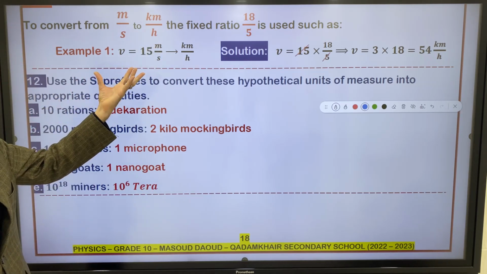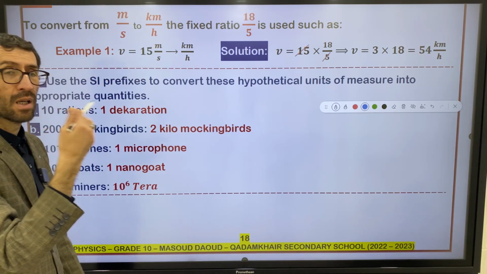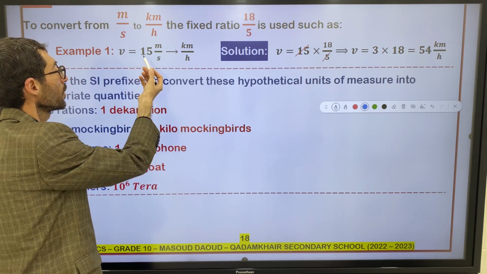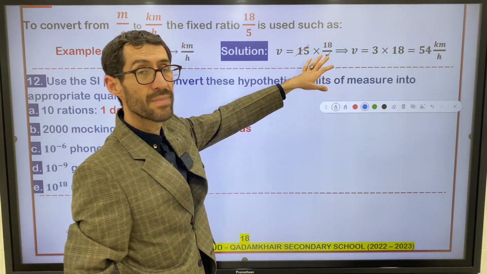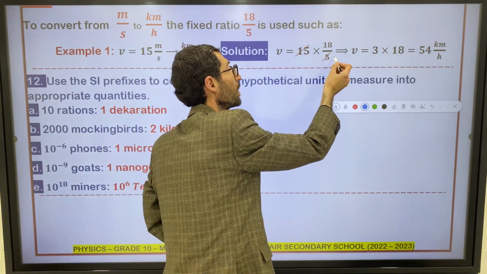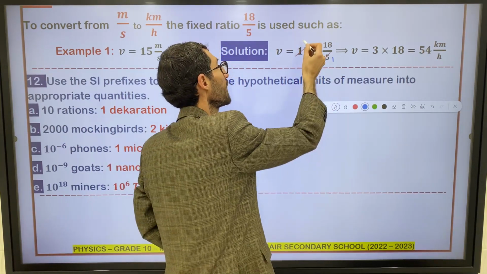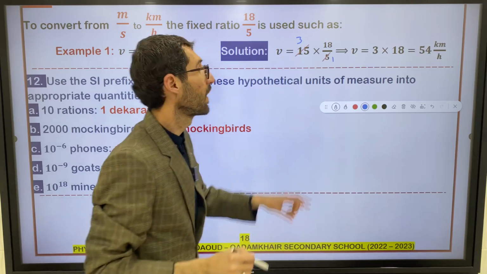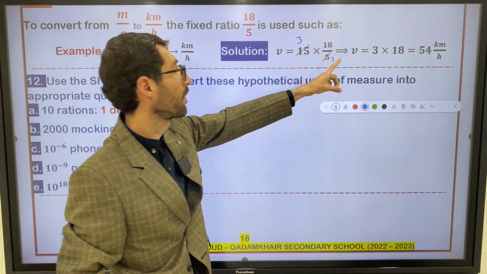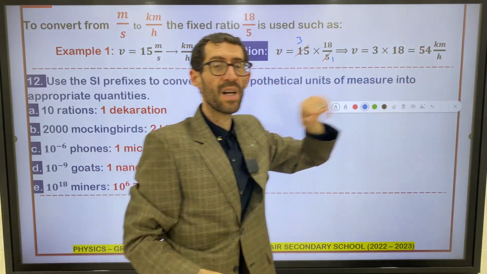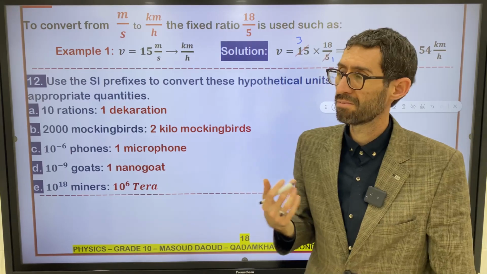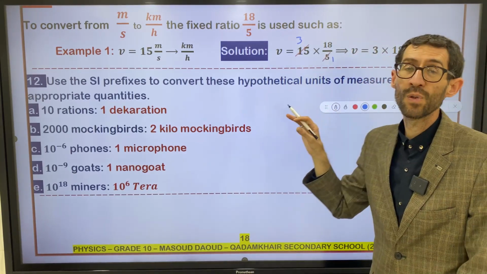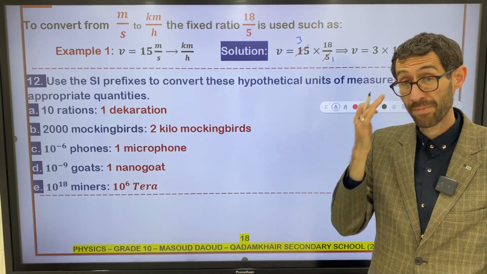What's the ratio? Actually, the ratio is 18/5. You have to write 15 multiplied by 18/5. 5 divided by 5 becomes 1. 15 divided by 5 becomes 3. 3 times 18 becomes 54 kilometers per hour. It's very easy. It takes only one step, if you memorize the fraction, right?